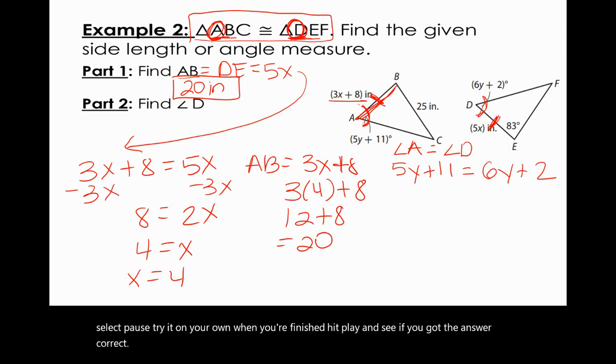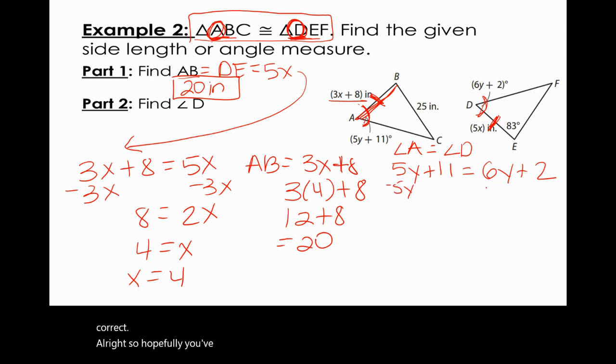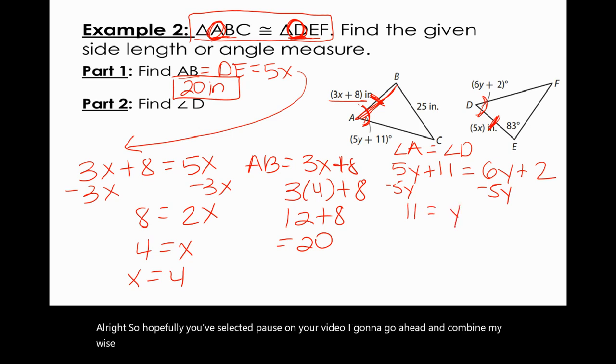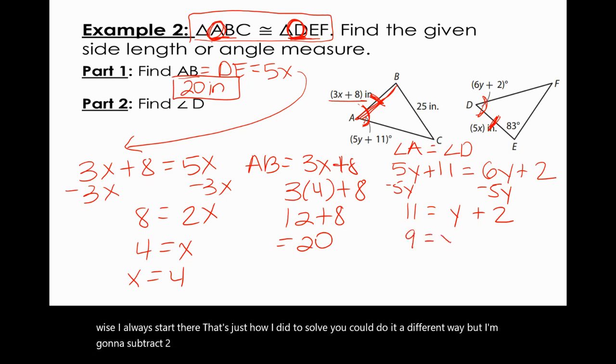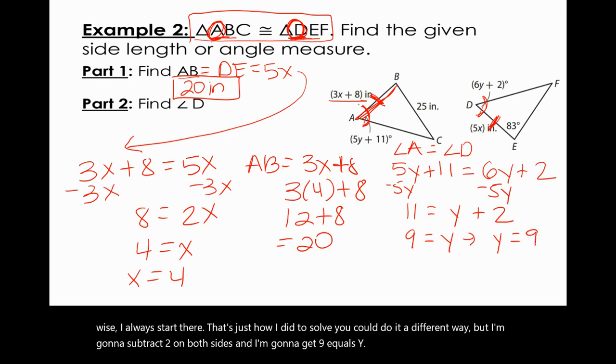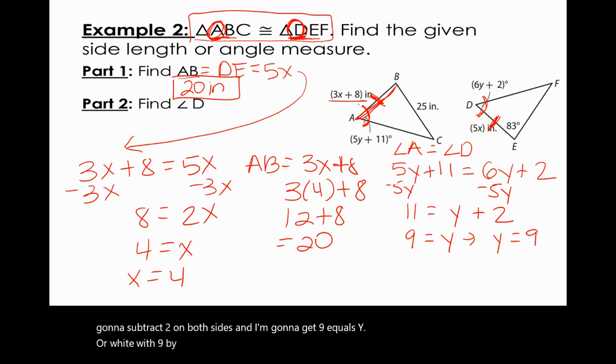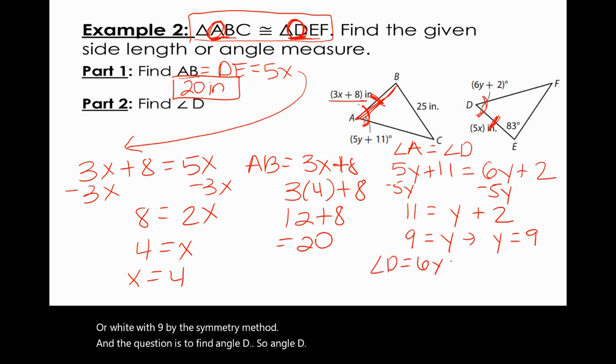All right, so hopefully you've selected pause on your video. I'm going to combine my y's. I always start there. That's just how I tend to solve. You could do it a different way. Then I'm going to subtract 2 on both sides, and I'm going to get 9 equals y, or y equals 9. And the question is to find angle D. Angle D was 6y plus 2 if I look back up at my drawing.